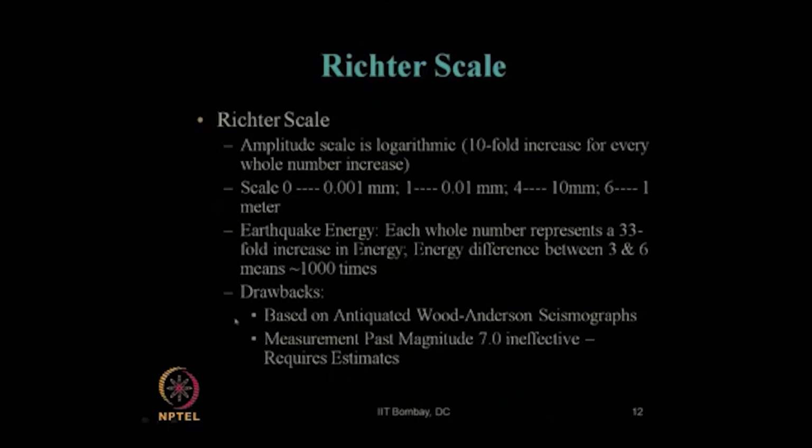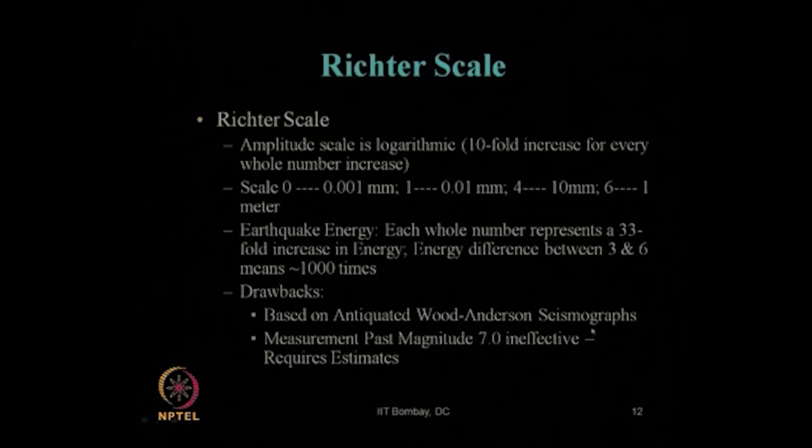Now, what are the drawbacks of this Richter scale? How are these Richter scales used? These Richter scales are estimated based on the Wood-Anderson seismograph. This is a typical seismograph which was proposed by Wood and Anderson.